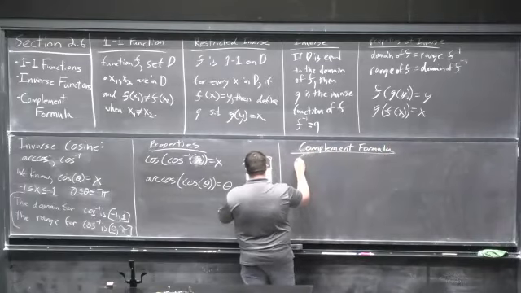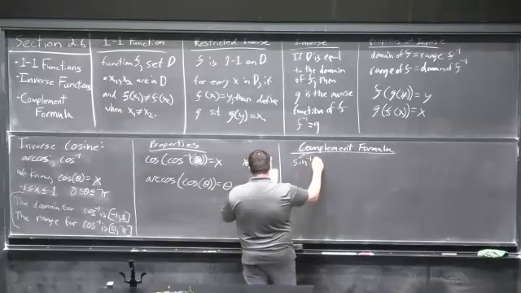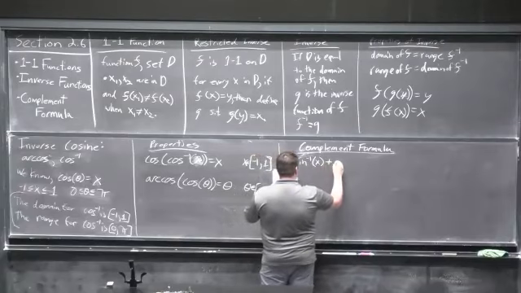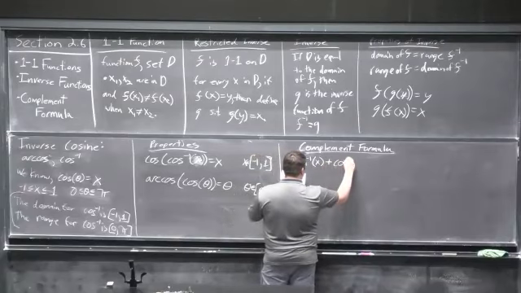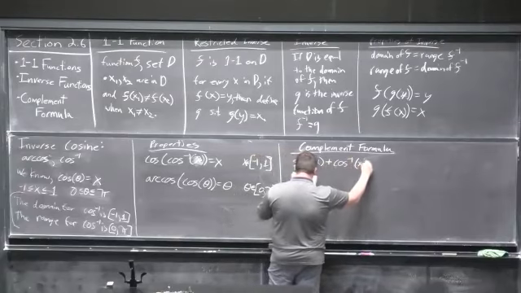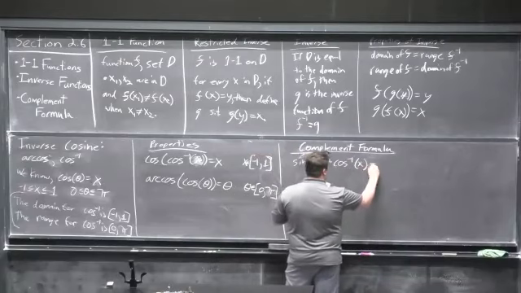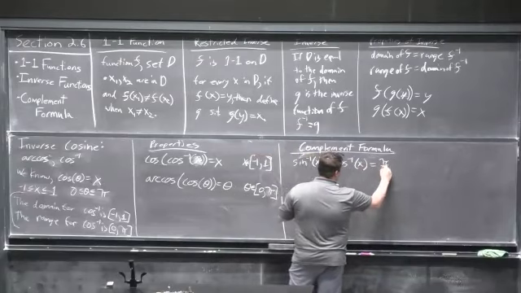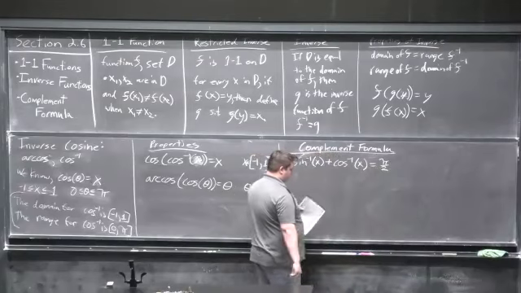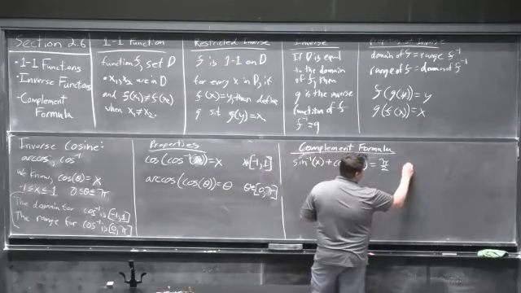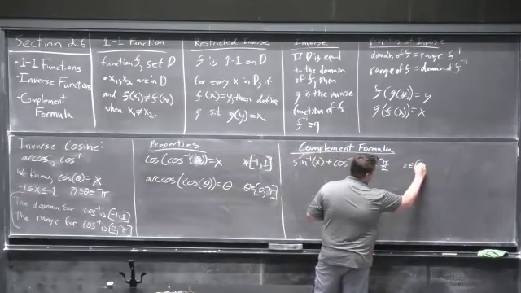If we have sine inverse of some value and cosine inverse of the same value, we know that's going to equal pi over 2. And this is when x is within -1 to 1.